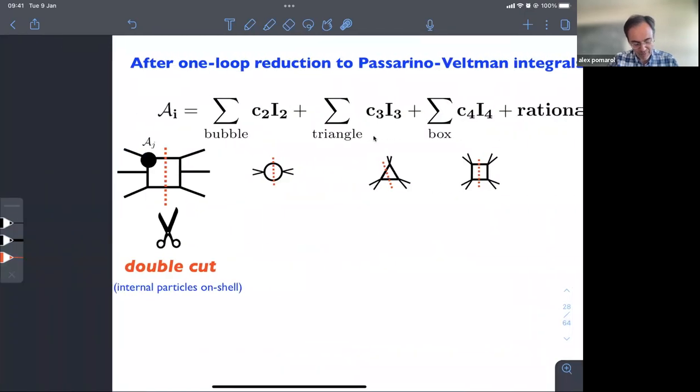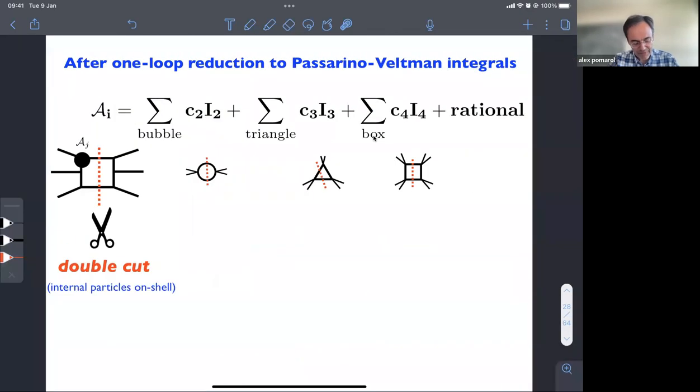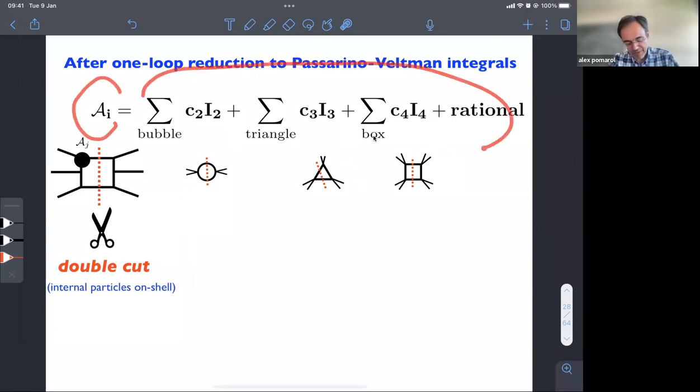Now, how do I get it? Of course, I can do the loop, but now the trick is the following. If I want to look at this amplitude, there are several ways to look at this. For example, this is a complex amplitude, so I can look at the imaginary part of this part and relate it with the imaginary part of this part.